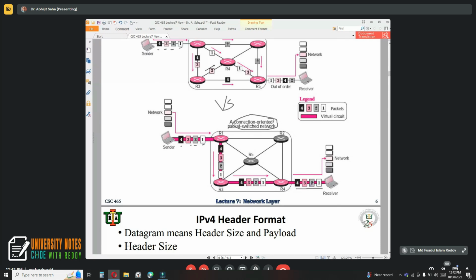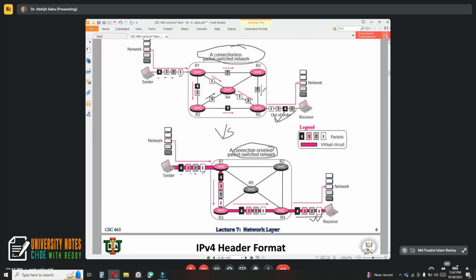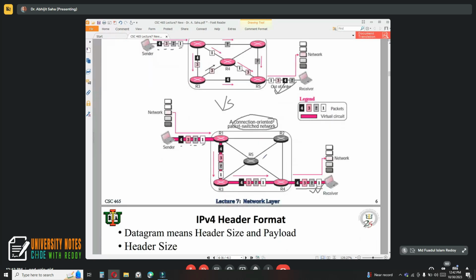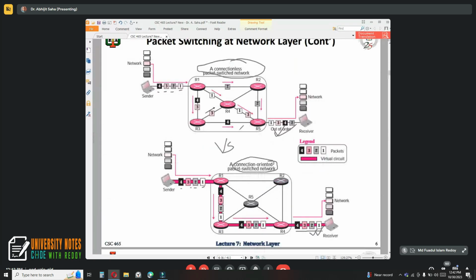So that means it is going to be in order, whereas in the connectionless case it was out of order, right? Because this is connection oriented, it is going to reach there in an in order fashion. So this is the difference between connectionless and connection oriented. In the connectionless, the data is sent independently. In the connection oriented, it is going to follow the path.